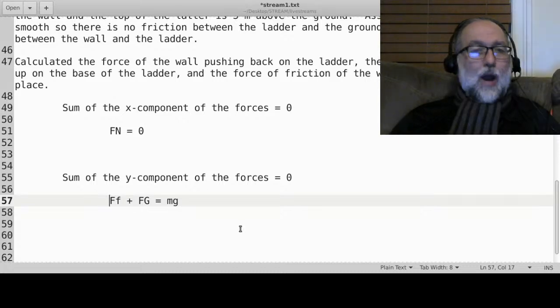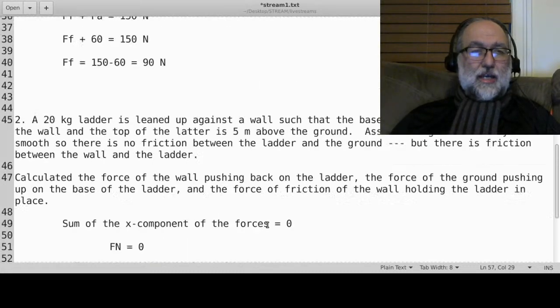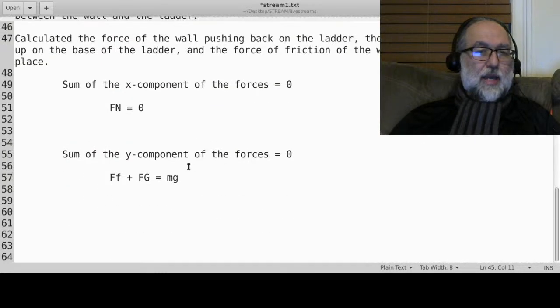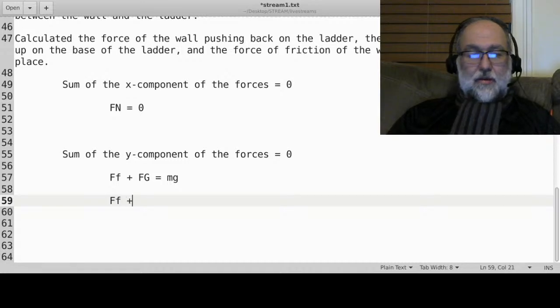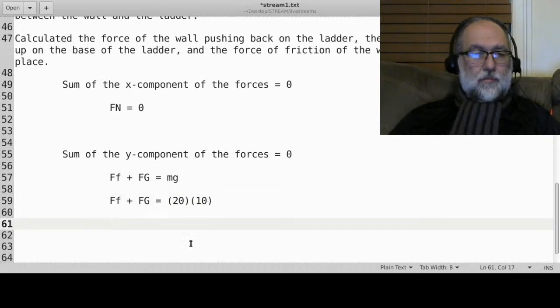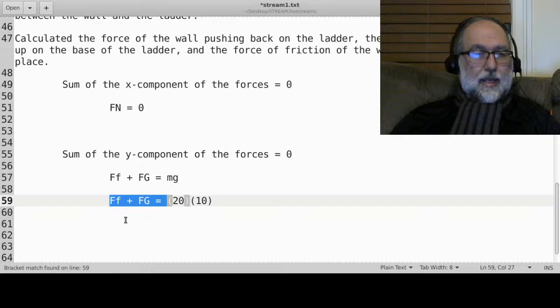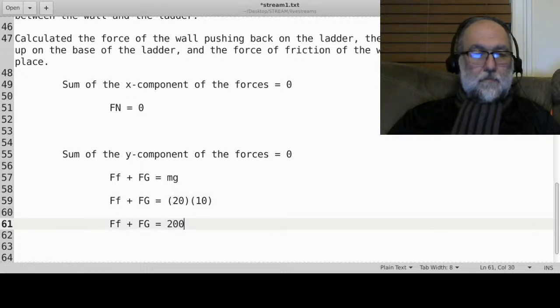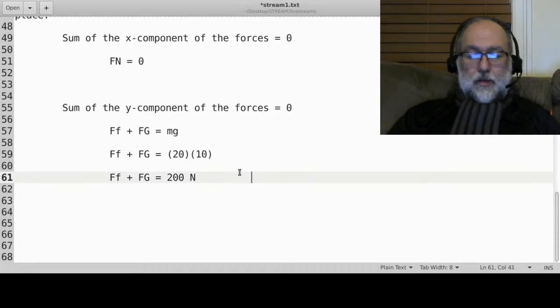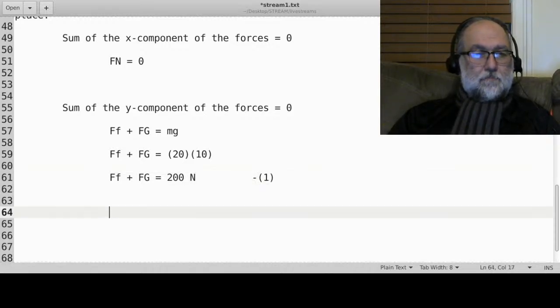Now we actually know what mg is, because I told you that the ladder weighs 20 kilograms and g, of course, is 10. So this gives FF plus FG has to equal 20 times 10, that's 200 newtons. There is equation number 1.